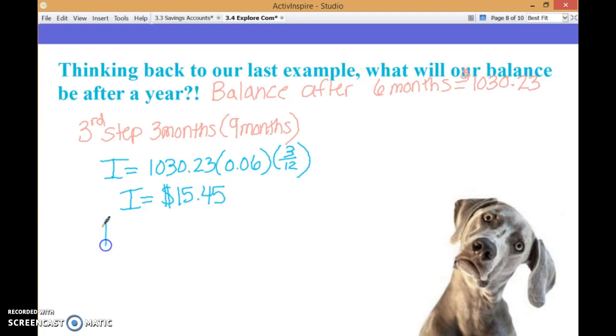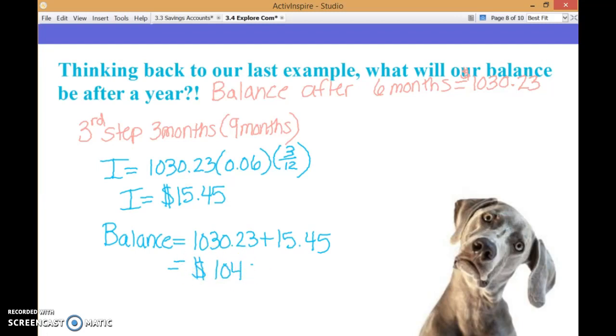To find my balance, I have to take my previous balance, which was 1,030 and 23 cents, plus this interest that I just found, which was $15.45, and my new balance ends up being $1,045.68.